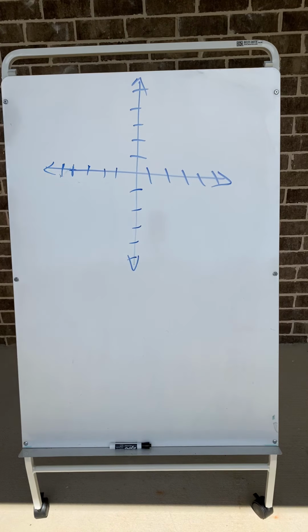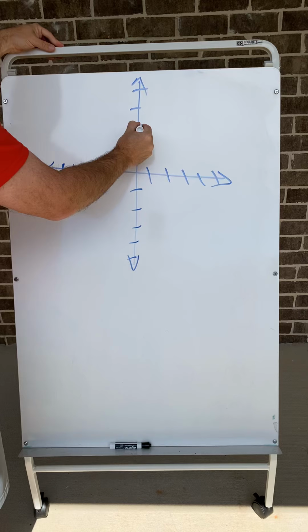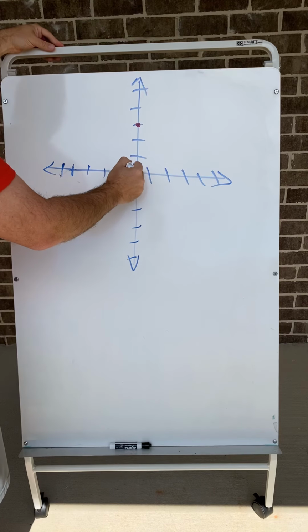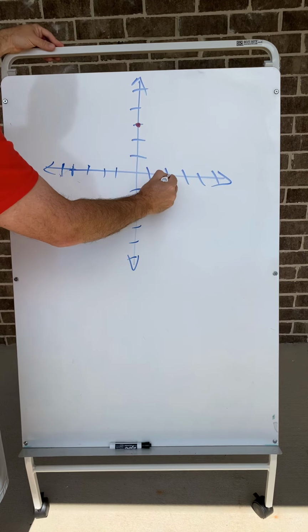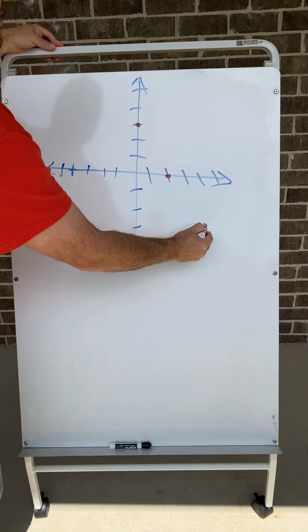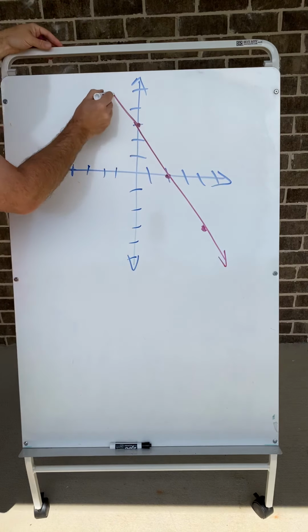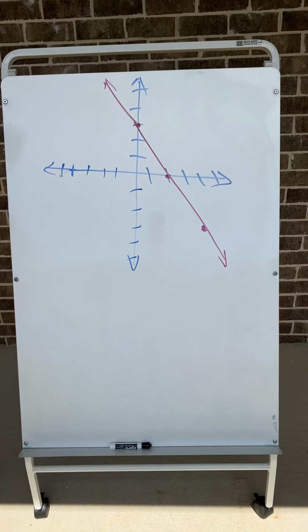I'm going to draw the line. And I want you to see if you can do this one on your own. So here's my first starting point. Okay, so pause it now.